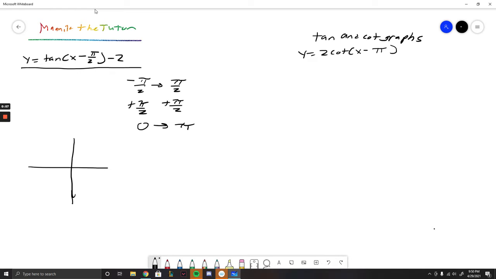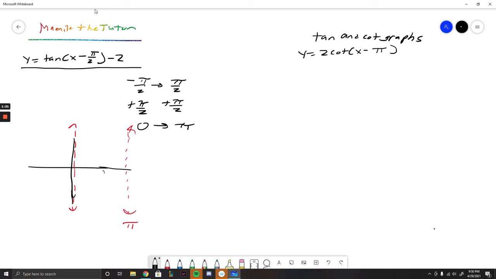So this tells us that our asymptotes for this are going to be on the y-axis, and at pi.